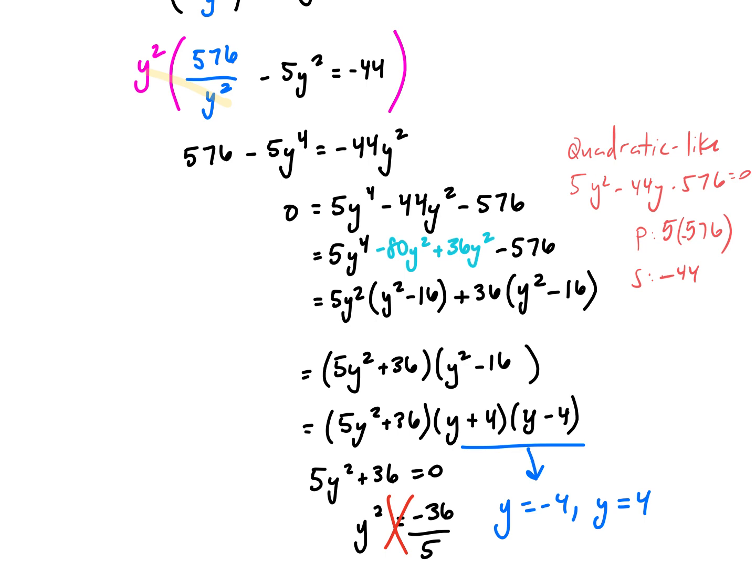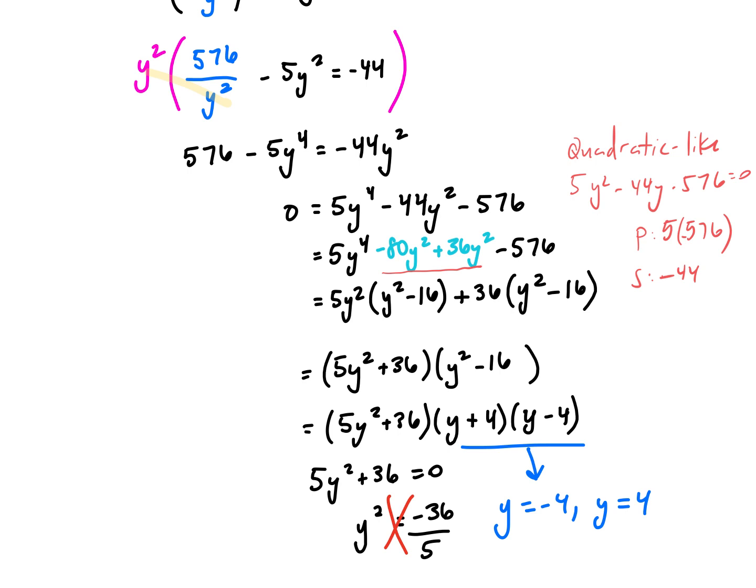The only thing is when we figure out those two values, they're going to be in terms of y squared. So if you're using your calculator, and you say, what are those two numbers that multiply to 5 times negative 576, but add to negative 44? Hey, lo and behold, we have these two values here, negative 80 and 36, okay?